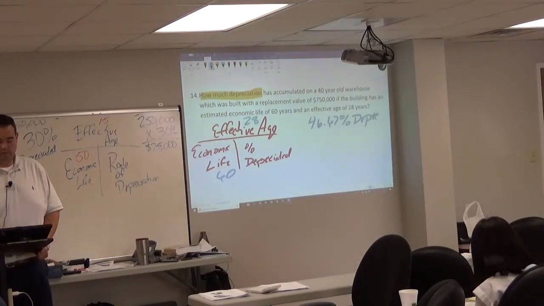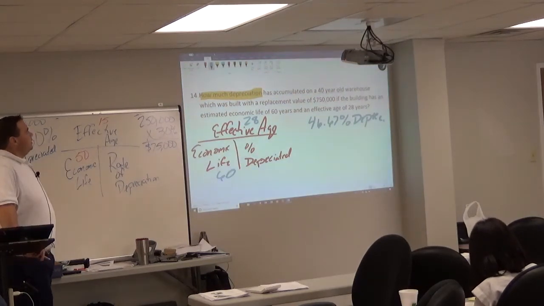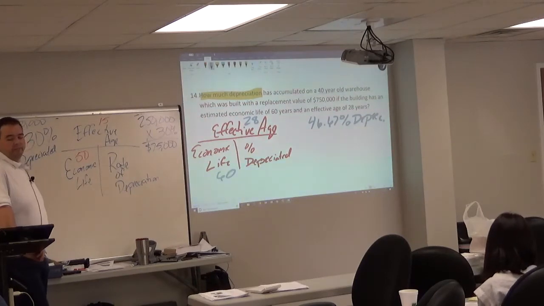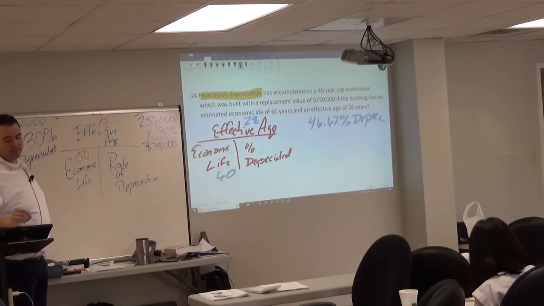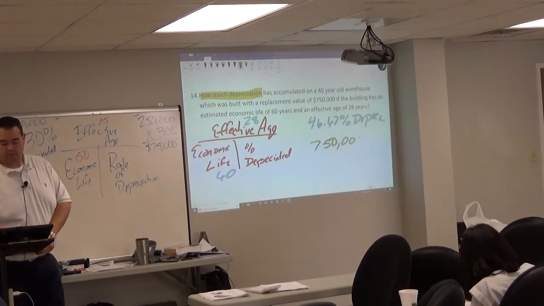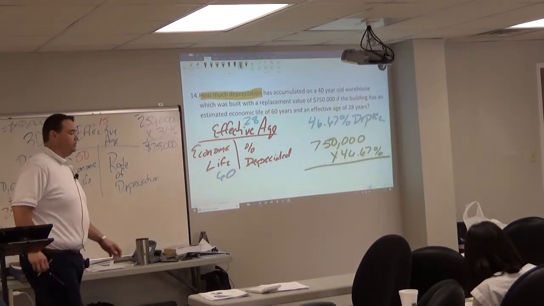Is everybody okay on that so far? And what was the value of it before it started depreciating? So it started at 750 times 46.67%, and that'll give us our depreciation.